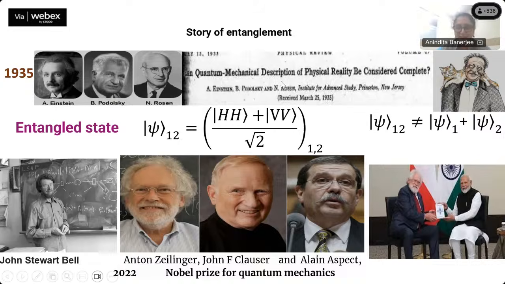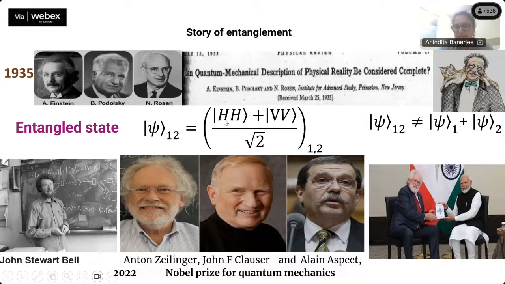In 2022, Zeilinger, Clauser, and Aspect got the Nobel Prize for quantum mechanics, and you have our honorable Prime Minister with Zeilinger. I think the book is named "Dance of Photons," and you can see the political importance.